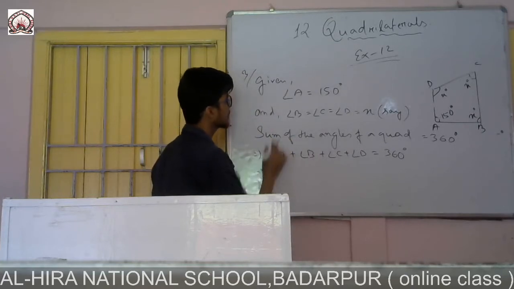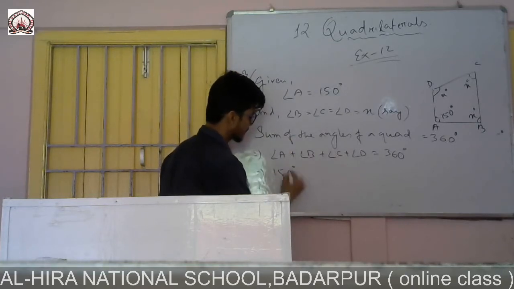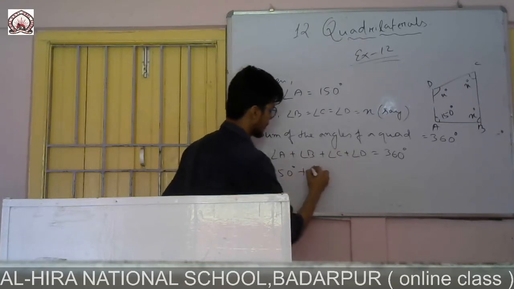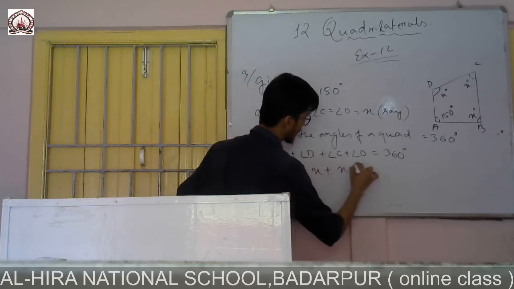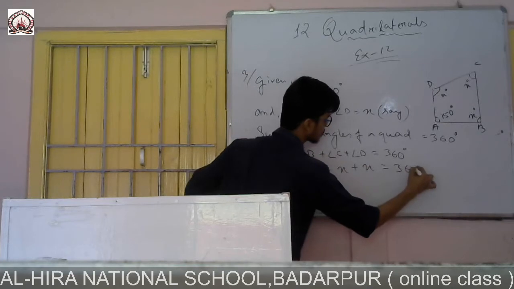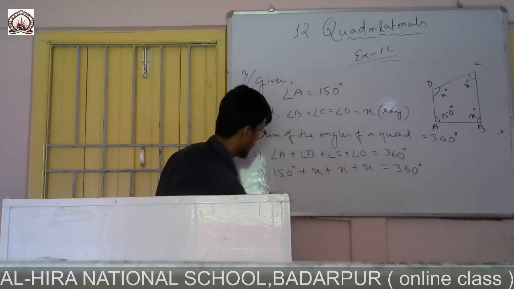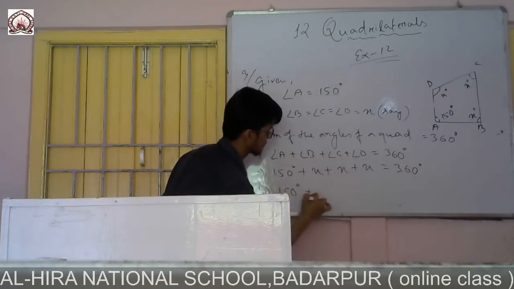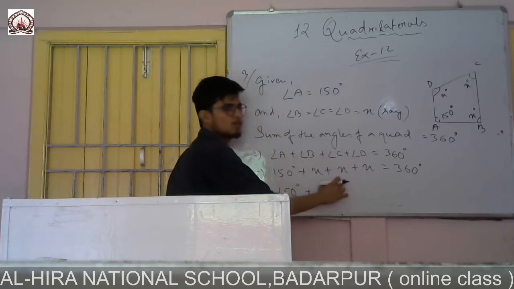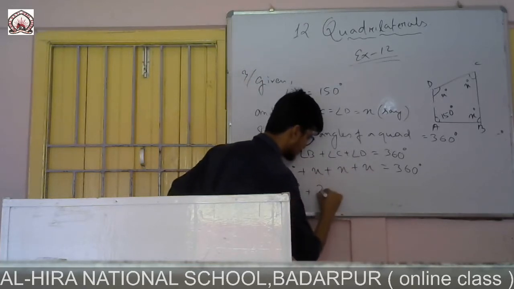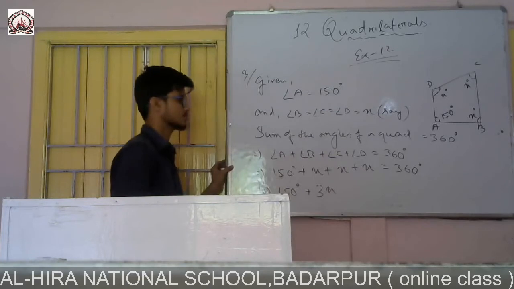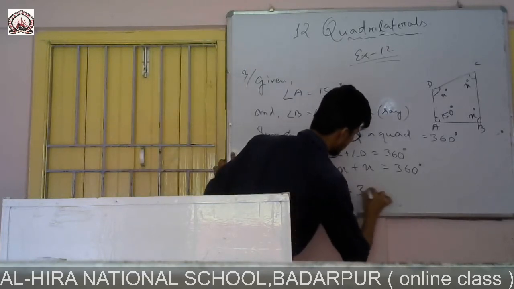Angle A is given, it is 150 degrees. Angle B is given x, C also x, D also x, which equals 360 degrees. 150 degrees plus x, x plus x is 2x, 2x plus x is 3x. So 150 degrees plus 3x equals 360 degrees.